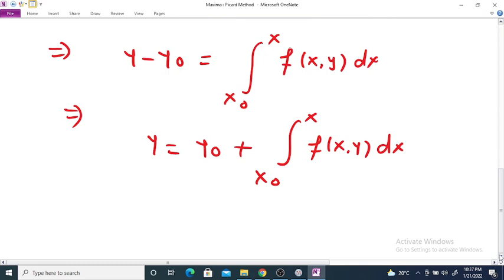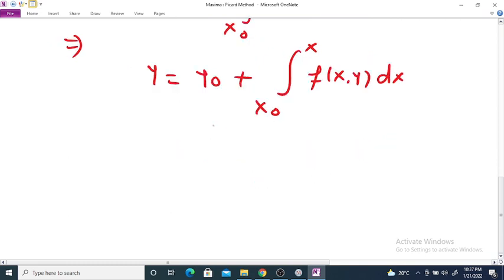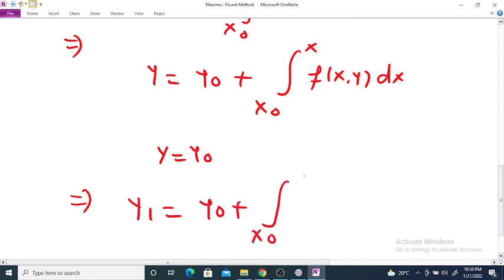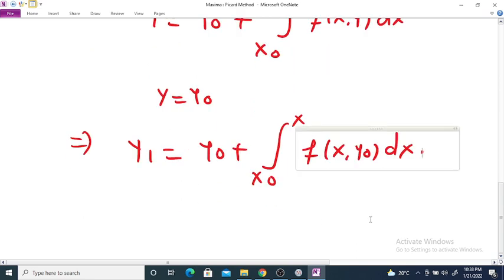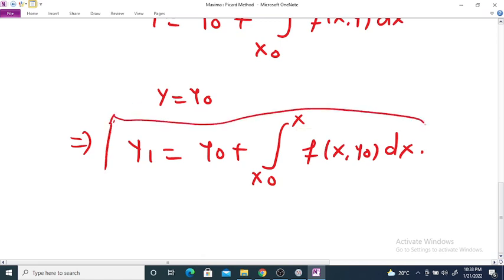Now to solve this integration, we assume y is equal to y0 to find the value of y1, and therefore y1 is equal to y0 plus the integral x0 to x f of x y0 dx. This is the formula to find the value of y1 using Picard's method.